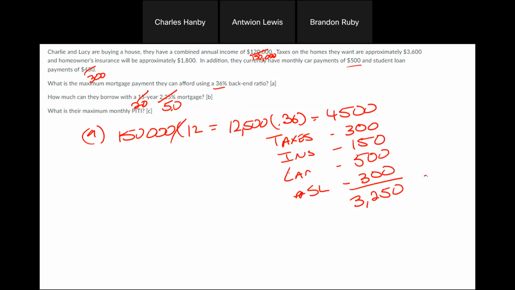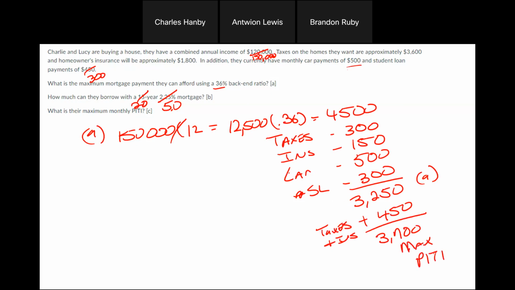So that's A. And I'm going to go ahead and do B while I'm here. So I add back taxes and insurance. So that's the $450. So the maximum principal, interest, taxes, and insurance, or PITI, is $3,700.